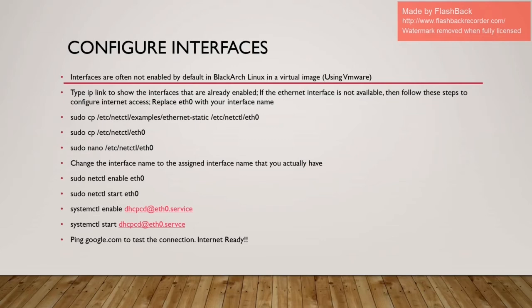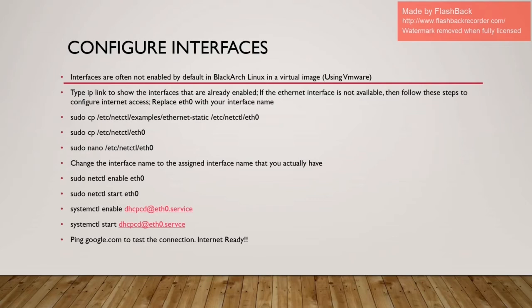Change the interface name to the one that you actually have. Once you change the interface name, you write your changes, then you quit. Type sudo netctl enable, then your assigned interface name. Very similar to how VMware Tools was enabled. Then you follow up with start.